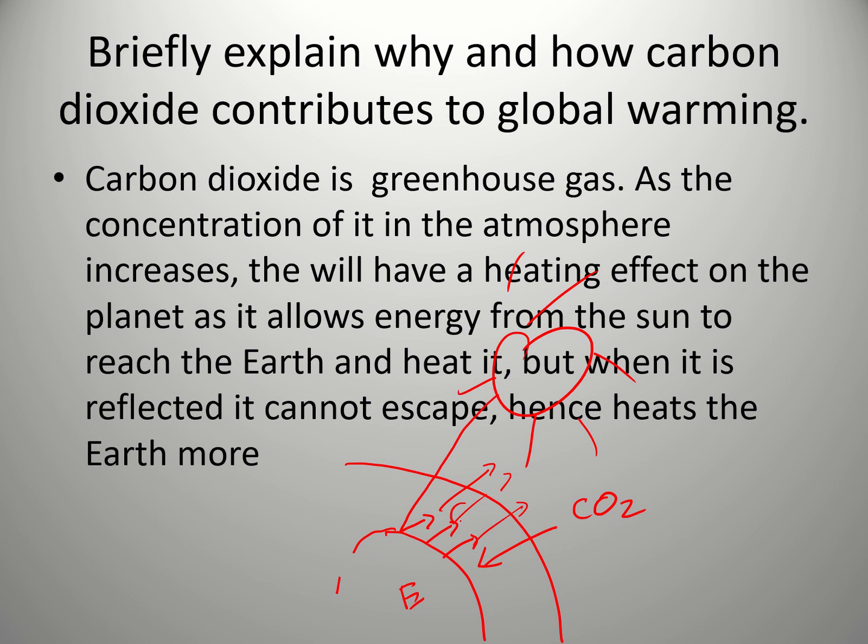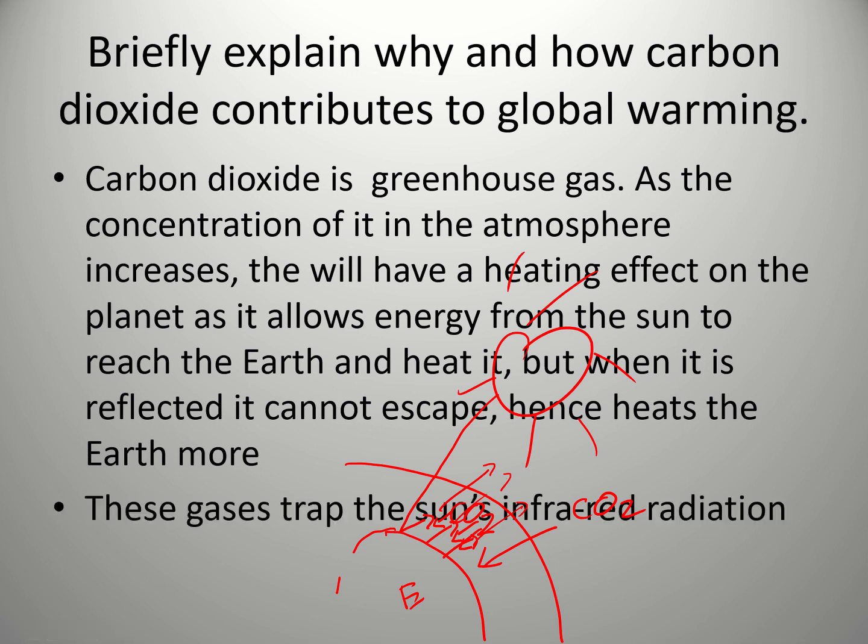But carbon dioxide is really good at stopping it doing that. Carbon dioxide traps it in our atmosphere. And if you trap heat energy in the atmosphere, like trapping heat energy in a room, it will cause it to get warmer. So it prevents the escape of a certain amount of energy from the Earth, and that causes the Earth to get a little bit warmer.